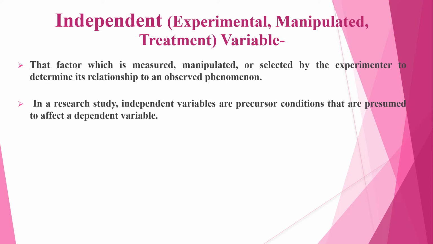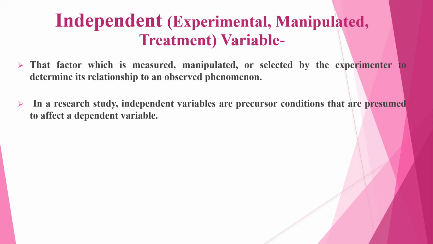So the researcher already has an idea that this factor has some kind of effect on the other factor, and then he makes some changes in that factor. He has this pre-notion, this pre-idea. That's why independent variables are the precursor condition that starts the research.